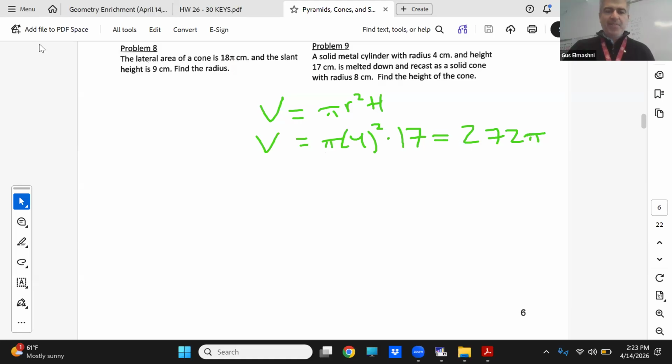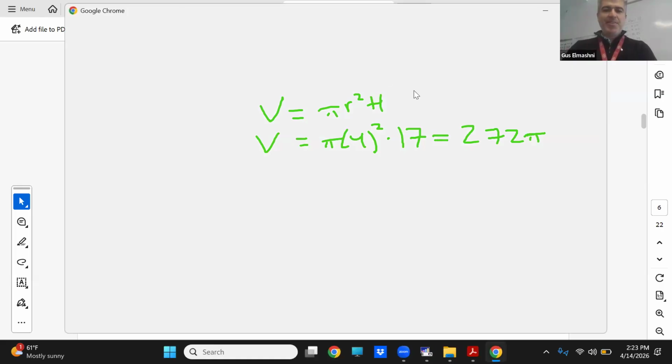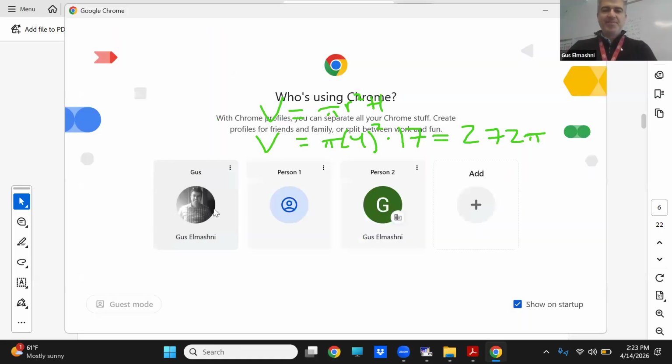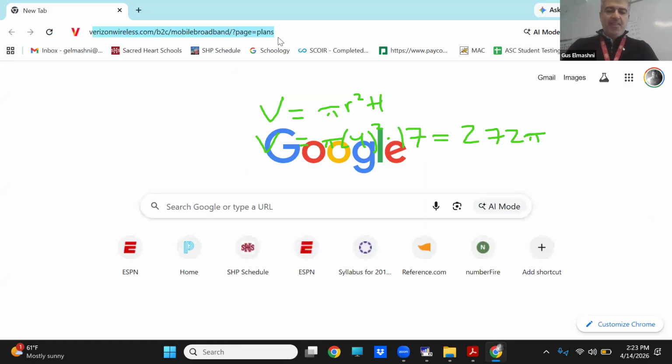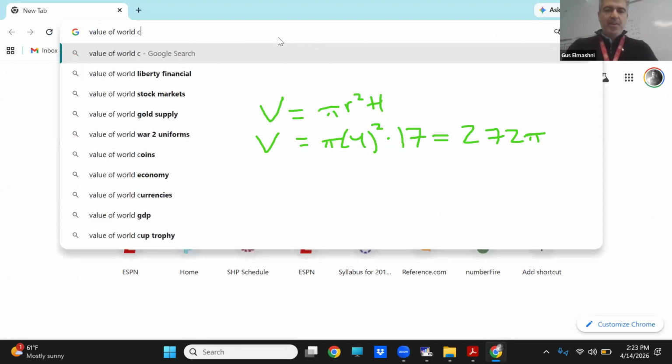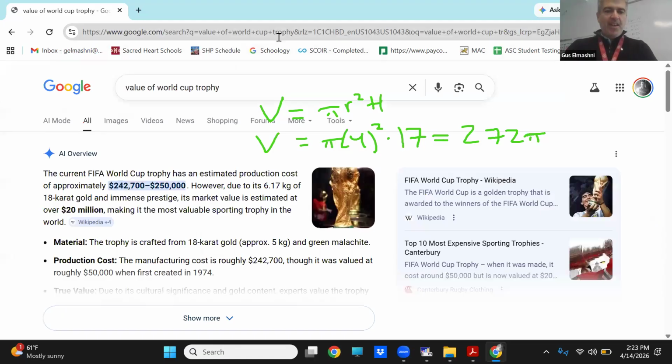Actually, let's see what ChatGPT or Google Gemini tells us. Value of World Cup trophy. It's worth about $250,000. So 250 grand. However, it costs 250,000 to make, and its market value is $20 million. It's the most valuable sporting trophy in the world. Here's how it looks.